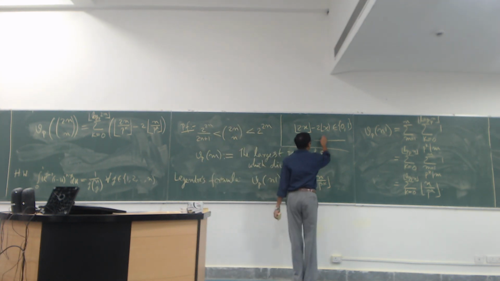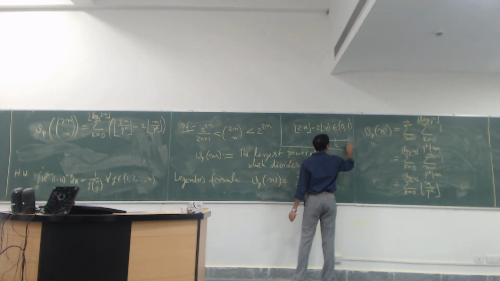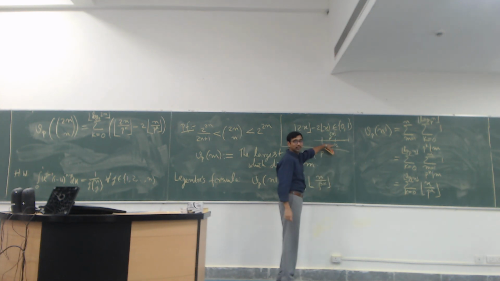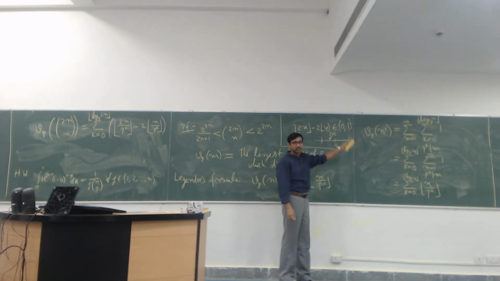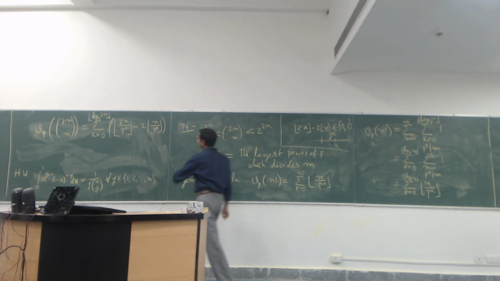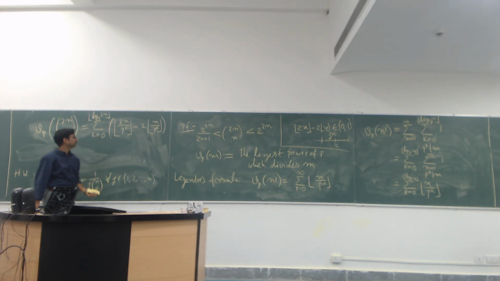So if the fractional part falls strictly inside the first half, not equal to half, then it will be 0, otherwise it's 1. So that in particular implies that the value of this is either 1 or 0.